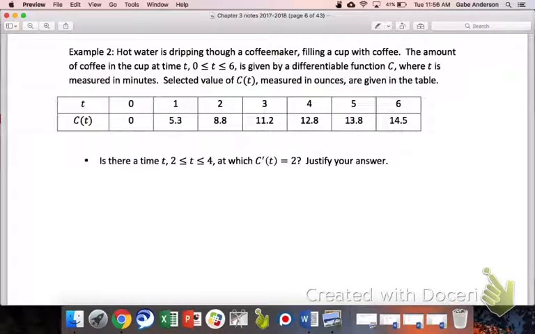So it wants to know, is there any place where c prime of t equals 2? Let's think this through. If I could find an interval where the average rate of change is 2, could I guarantee then that c prime equaled 2 somewhere? Does that seem reasonable? So if I could find some interval where the average rate of change is 2, then I know for sure that c prime would have to be 2.